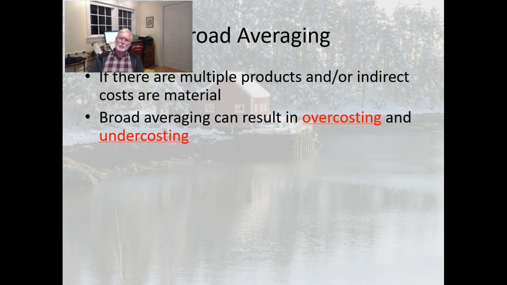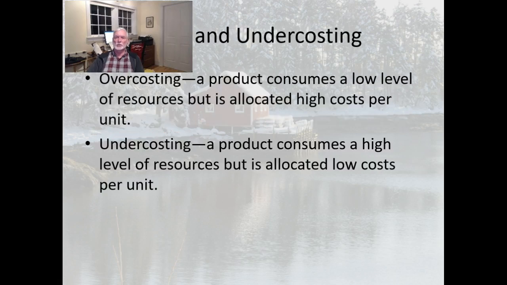When there's lots of products and or lots of indirect costs, when indirect costs are a material item, you can end up with overcosting or undercosting by using simple or broad averaging. And that's the problem with the simple systems. When you have a complex production process with lots of different inputs, you sometimes get really bad answers from broad averaging.